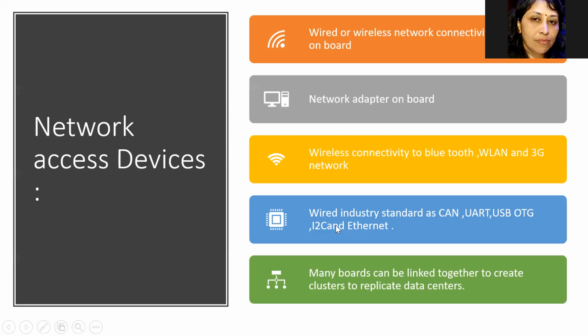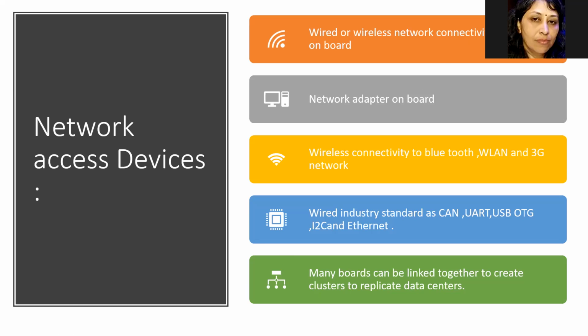So today we are going to discuss the network access devices which are used in single board computer systems. As we have discussed earlier, networking has become a very important part of our day-to-day life.